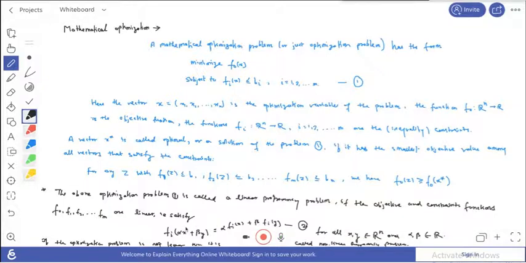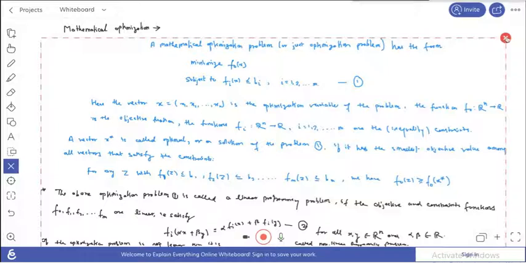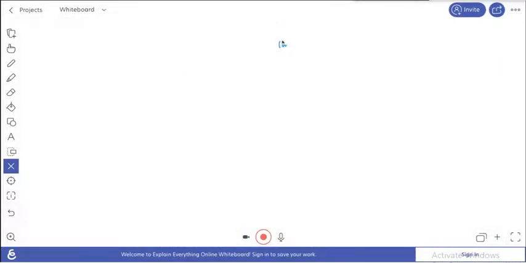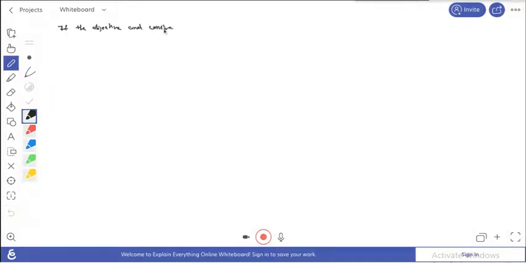Okay, if there are certain more conditions, in the next page: if our objective function and constraint functions are convex functions.